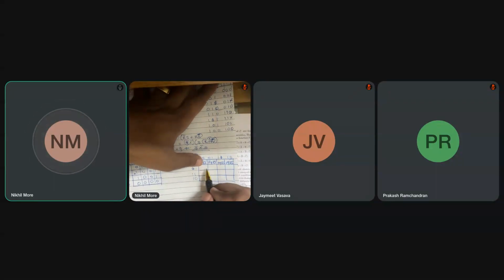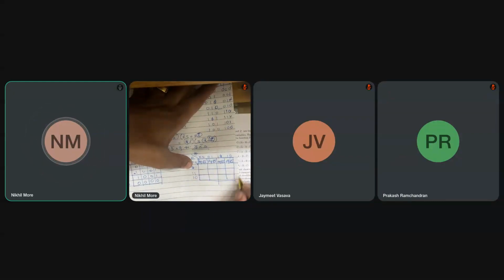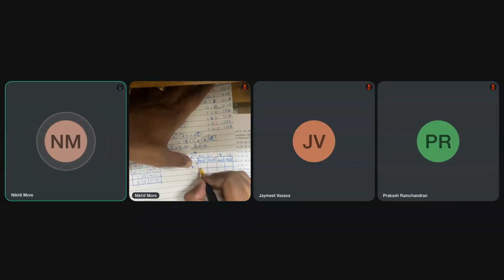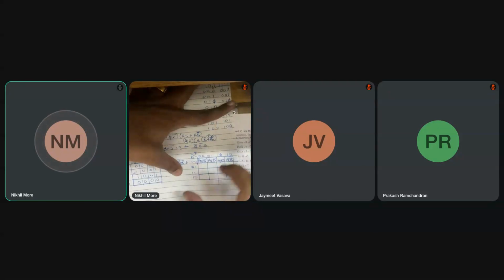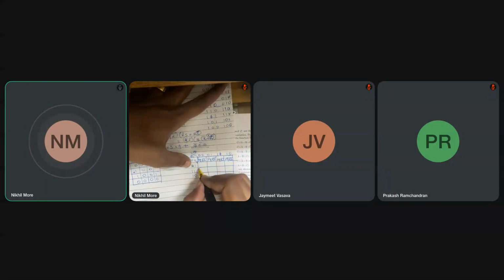If we look at it, the first row will have all R bar S bar, and the first column will have all P bar and Q bar. So I'll populate the entire definition map over here for the K-map of a system having four variables.